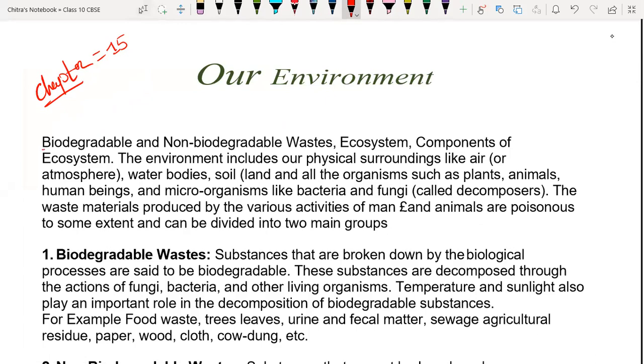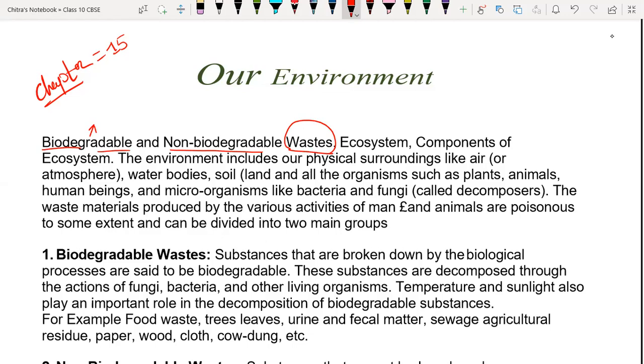So first we have the biodegradable and non-biodegradable waste. So what is waste? Waste is nothing but the unwanted material. The unwanted material to the human being is called waste. Whatever unwanted material we have is nothing but waste. And biodegradable waste means all the organic waste, it may be of plant or animal origin, that can decompose with the help of microbes.